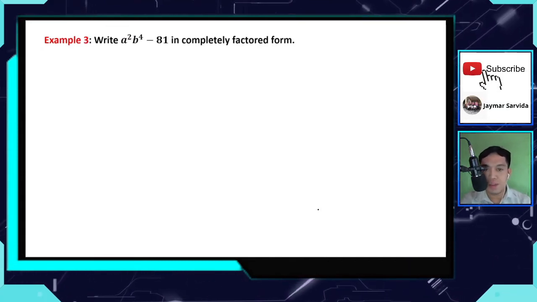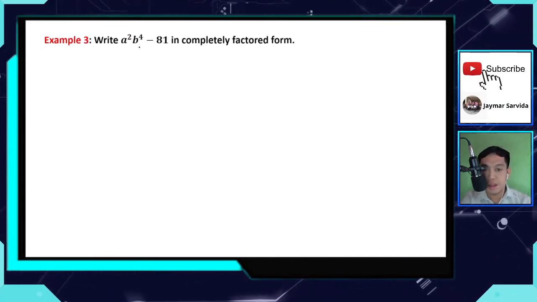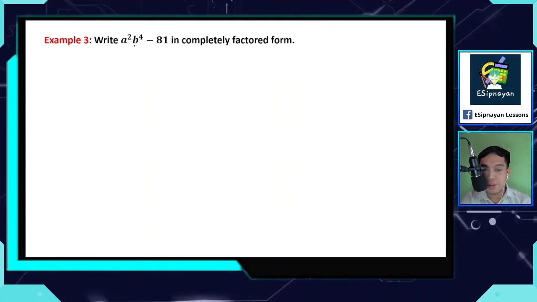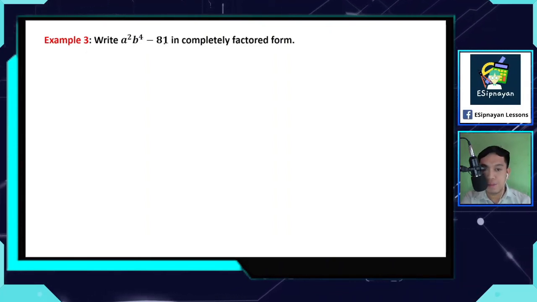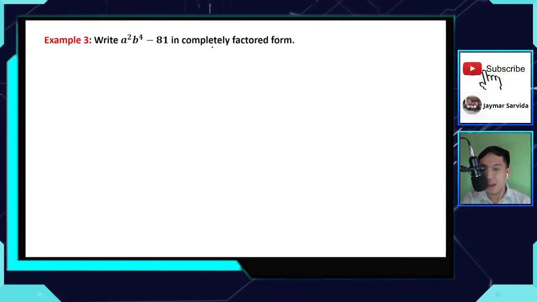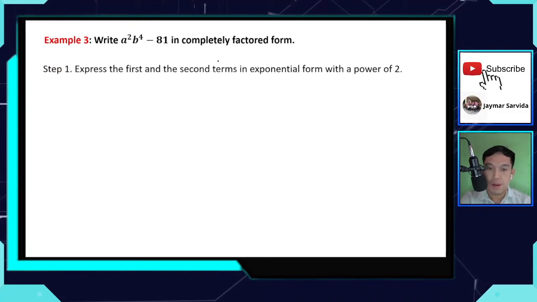So we have here a squared times b raised to 4 minus 81, or a squared b raised to 4 minus 81 in completely factored form. Okay, so express the first and the second term in exponential form with the power of 2.